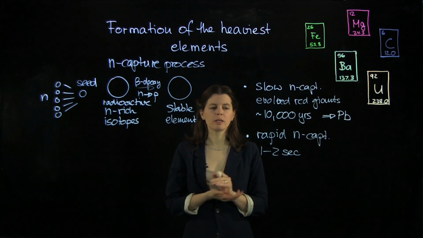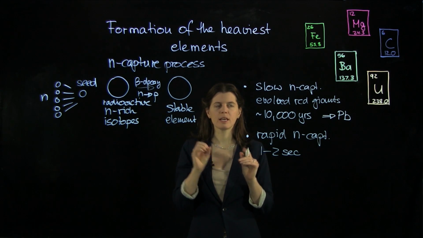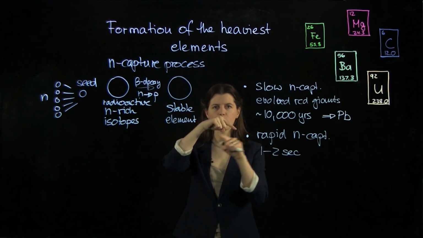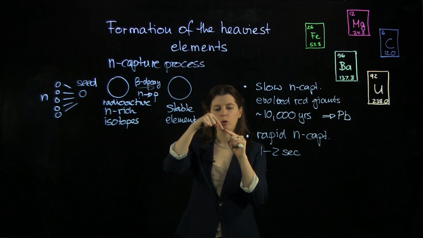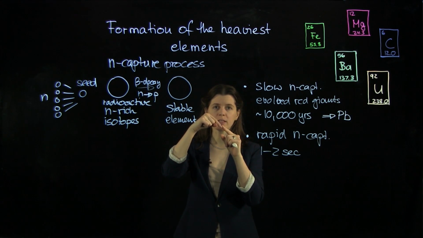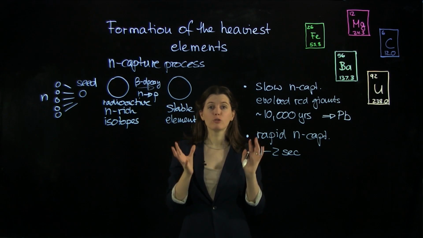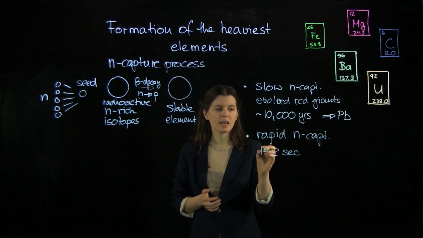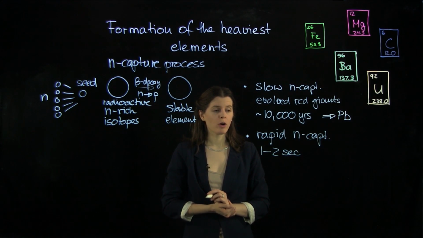Another option is merging neutron stars. So if you take two of these neutron stars in a binary system where they orbit each other, and if the two stars eventually coalesce and merge, then you also have some kind of firework of neutrons, and that can also have this rapid neutron capture going on.